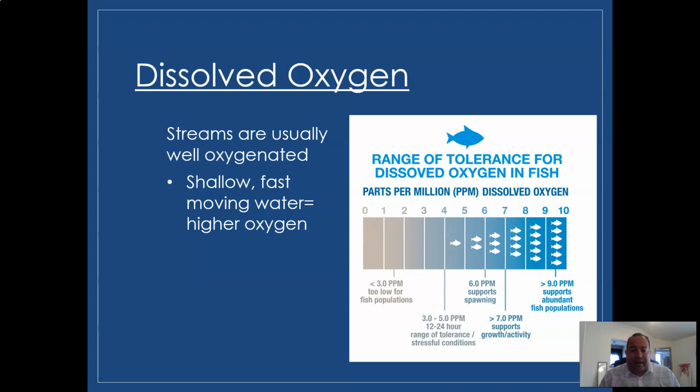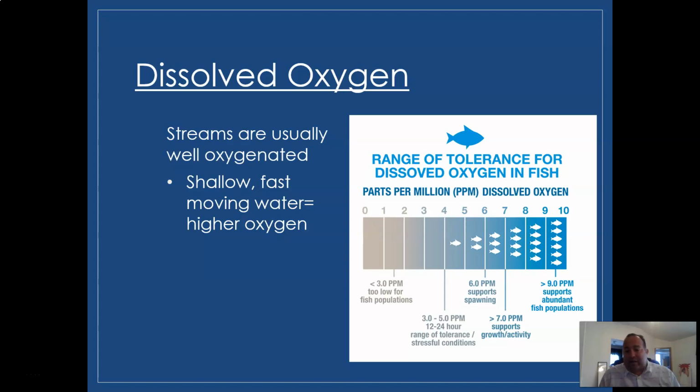But as you get less and less, it starts to be problematic. Anything below 6 parts per million really starts to become hard, and then we get into our law of tolerance, where you have stressful conditions, and anything below 3 parts per million is too low for fish populations.